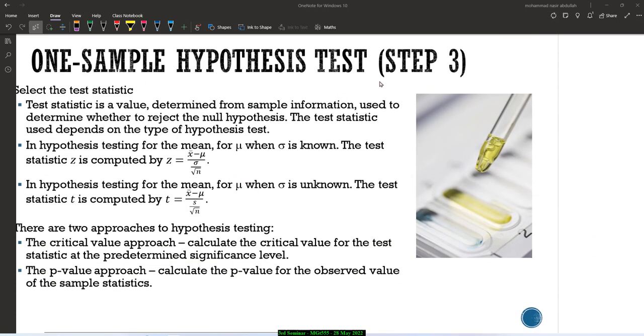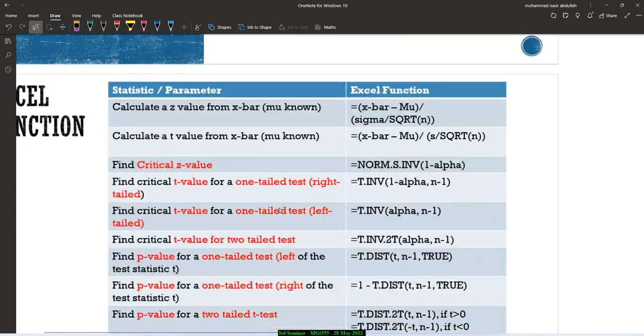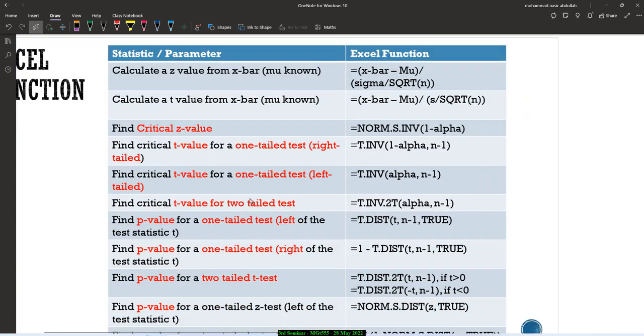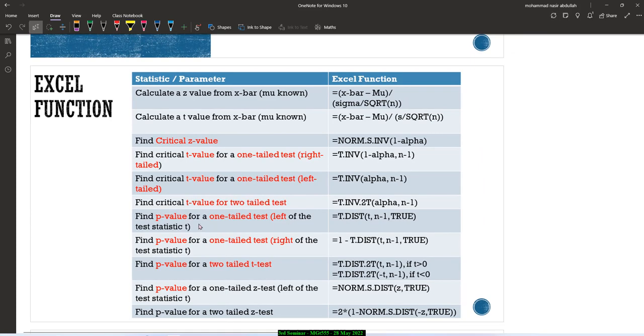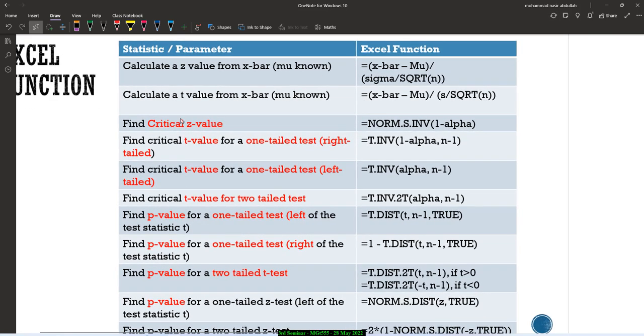Now, one sample hypothesis testing, tadi I dah tunjuk which one to use, Z or T distribution. Right? So, now kita tengok example this one, Excel function. Right? So, Excel function ni muka surat berapa? Boleh tengok balik.